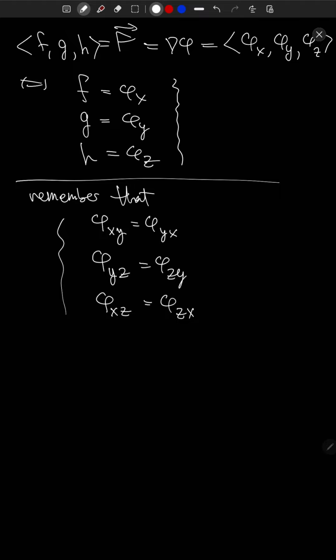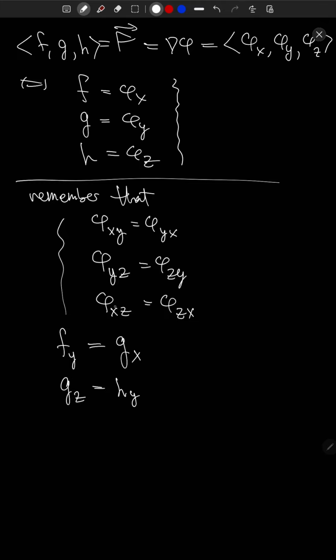So in the first equation, phi sub xy becomes f sub y, and on the right-hand side, phi sub yx becomes g sub x. Next, phi sub yz is g sub z, and phi sub zy is h sub y.